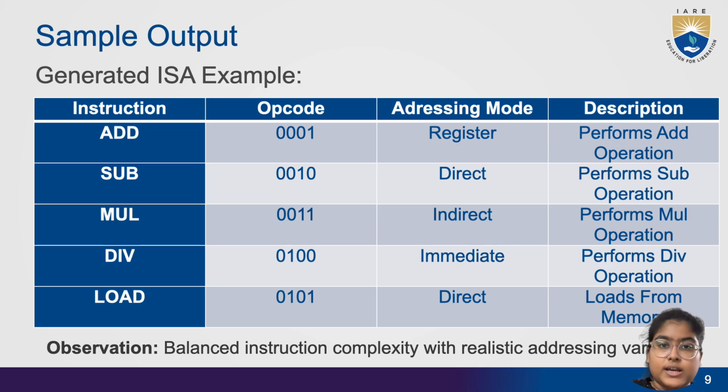The instruction load has an opcode 0101 with an immediate addressing mode. This table can be easily exported, analyzed, or fed into a simulator to observe actual instruction execution. It demonstrates the generator's ability to create ISA examples that are both functional and educational.